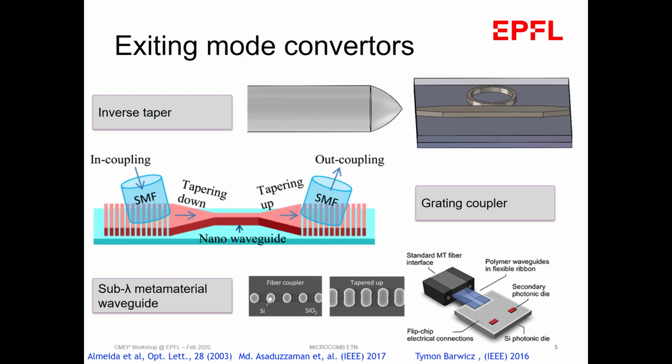The whole concept was that they can do very efficient packaging using the standard CMOS solution. So these are mode converters that already exist, and I just picked 3, but there are many others that do exist, such as double layer taper, etc.